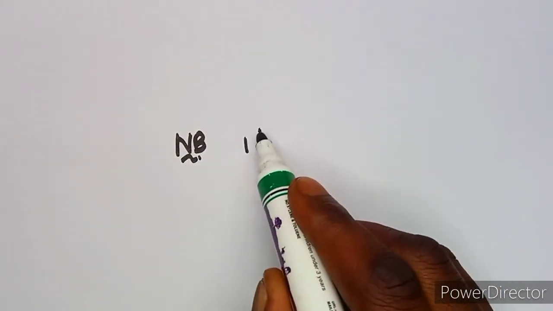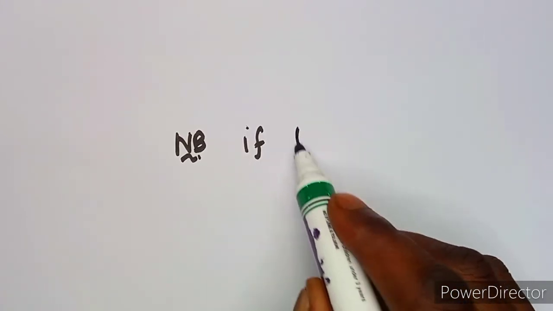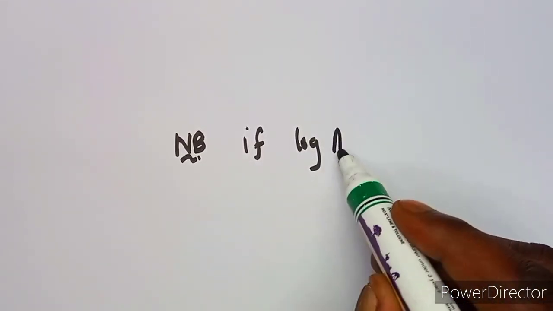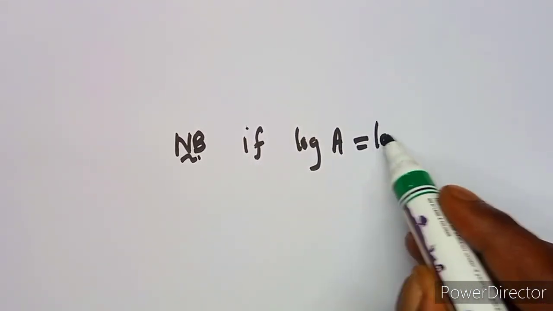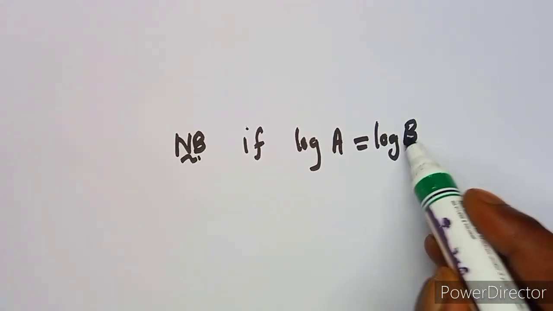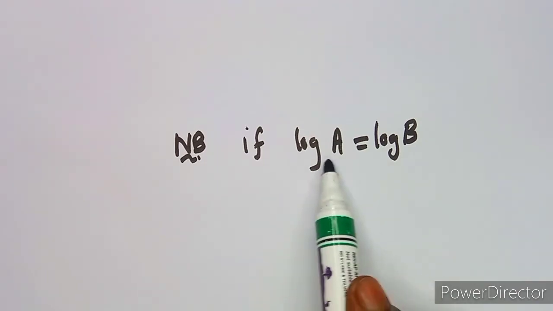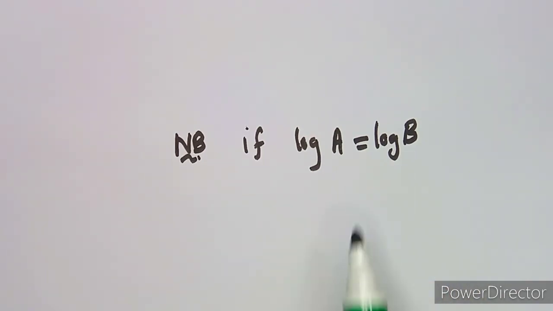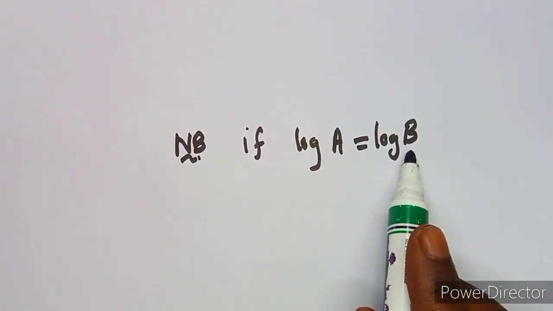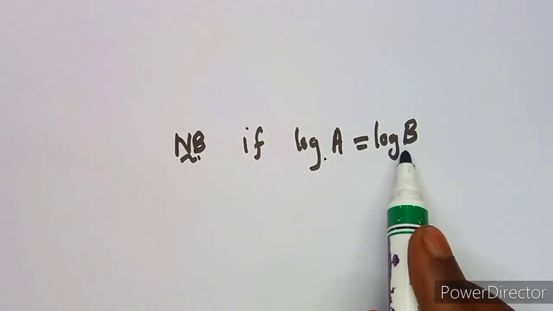If log A is equal to log B, provided that the bases are the same. If I didn't indicate the base like that, it means we are in base 10. You can use any base of your choice here.